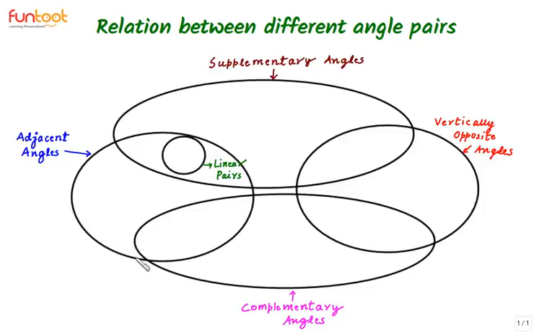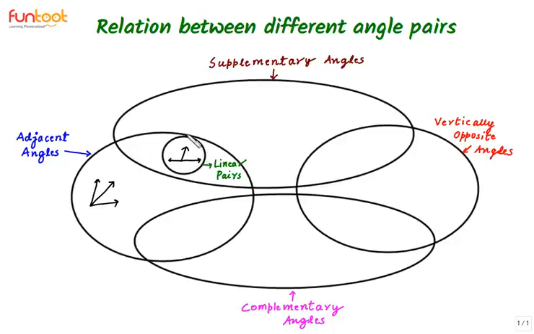So this circle here represents adjacent angles. Let me draw a pair of adjacent angles. We can see that these angles are adjacent. Let's draw a linear pair here. Now, are the angles constituting a linear pair adjacent as well? Yes, these are adjacent also.